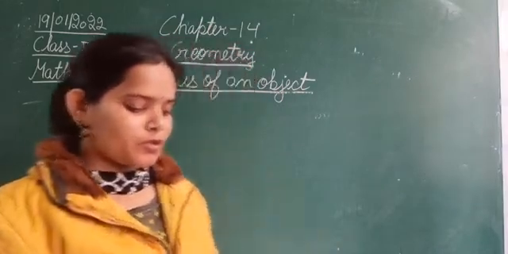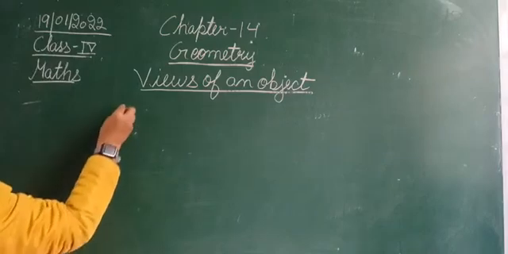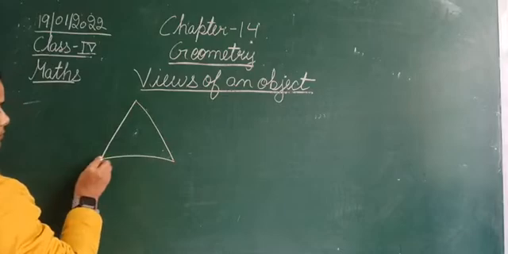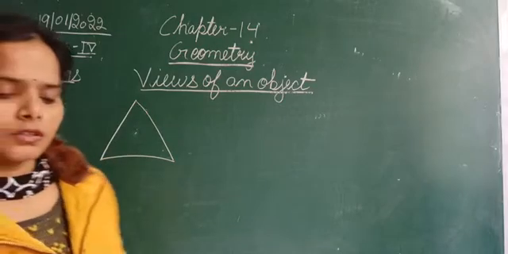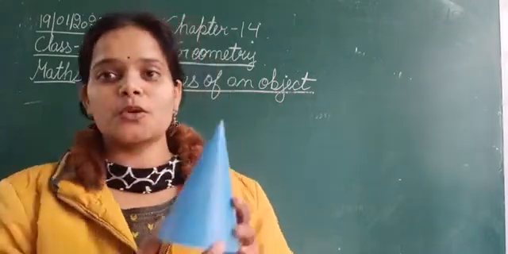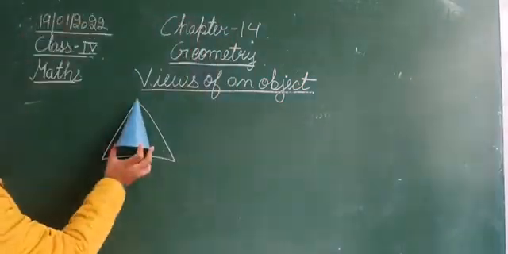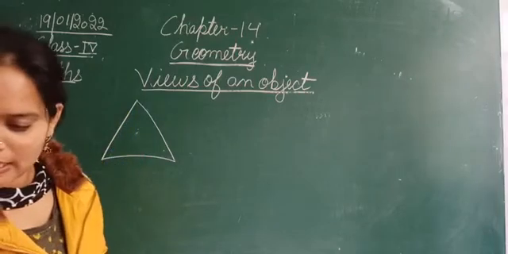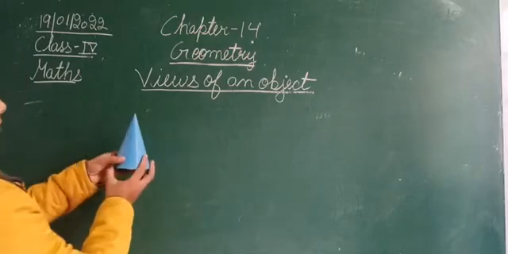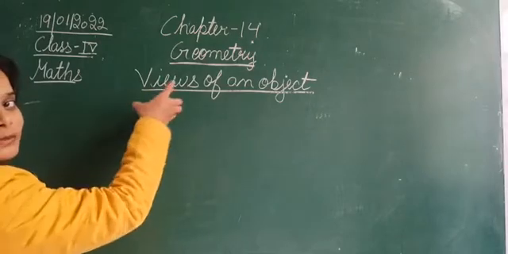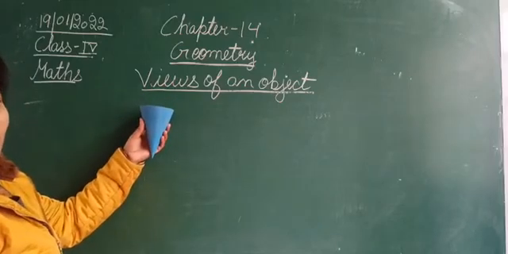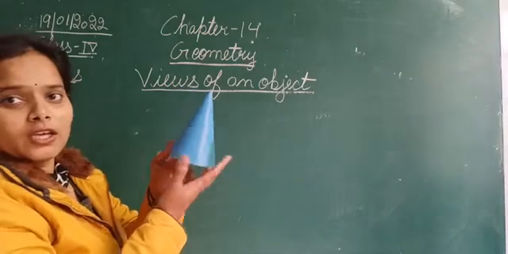So first of all, I am just going to give an example. Suppose this is a cone. I have drawn a cone here, and I have also brought a cone, so let's take the example from the real object. So this is a cone, you can see it's a cone.